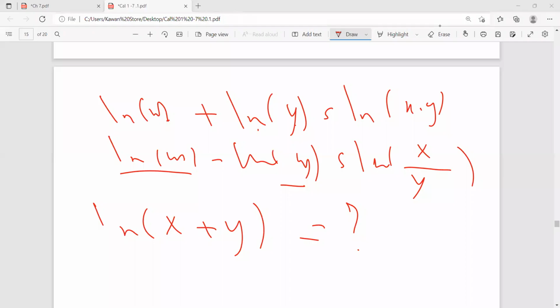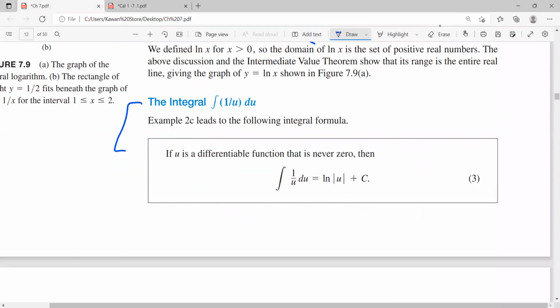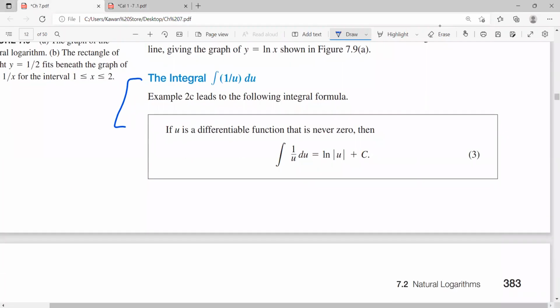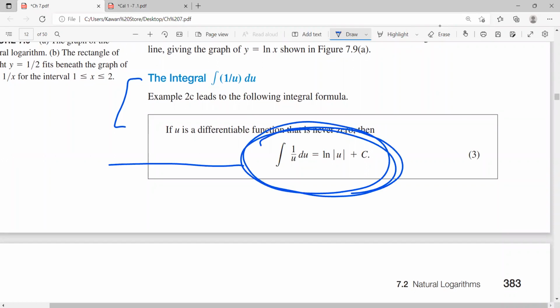Okay. Thank you. So we have integrals, and look at this rule. You will see this one in Cal 1, Cal 2, advanced calculus, differential equations. Anywhere you are going, you will see some integral like that. So that's very important.